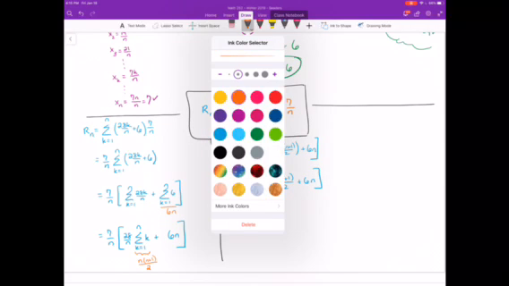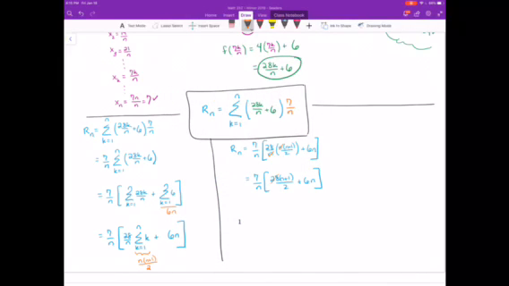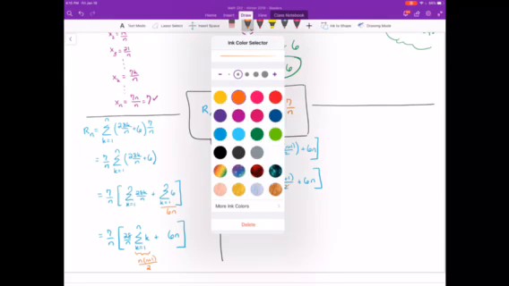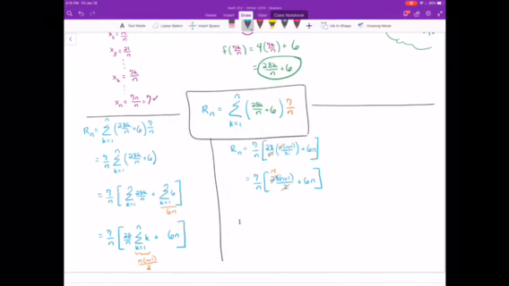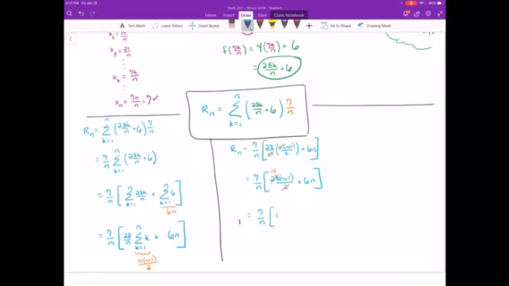I'm going to simplify that 28 over 2 as well. And now I get 7 over n times 14n plus 14 if I distribute the 14 into the n plus 1. And I still have my plus 6n.